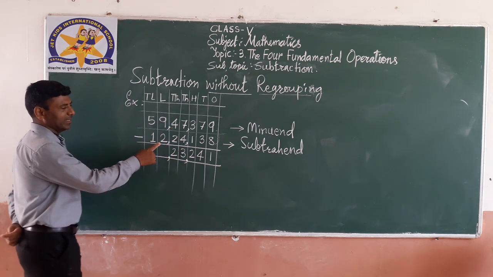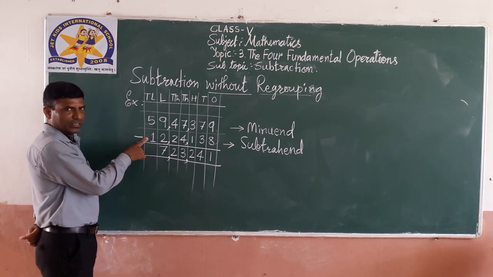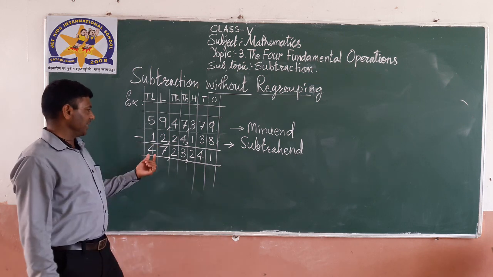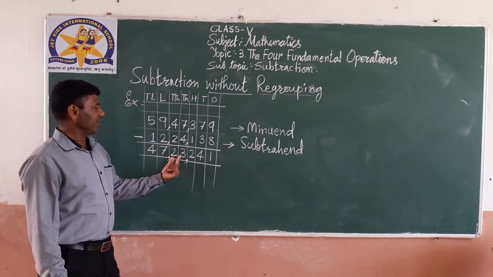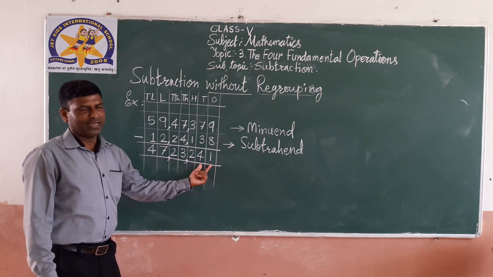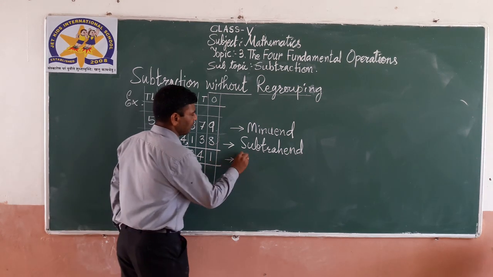And 9 minus 2, 7. 5 minus 1, 4. So the answer is 47,23,241. This answer is called the difference.